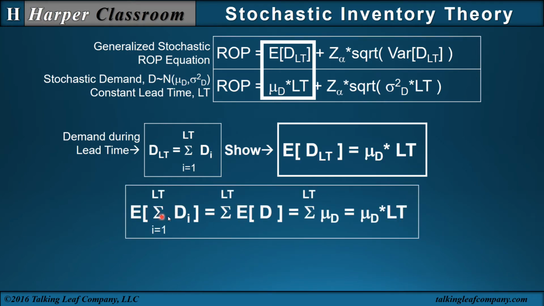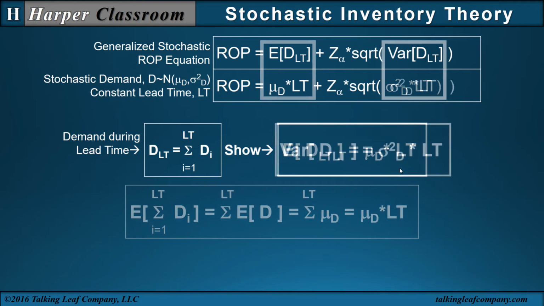We take the expectation of the demand during lead time. Since the lead time is a constant and the demand is a random variable, and expectation is a linear operator, the expectation of the sum of the demand is the sum of the expectation of the demands, and the expectation of the demand is mu of d. I sum that constant LT times, and that equals mu of d times LT, and there's the expression.